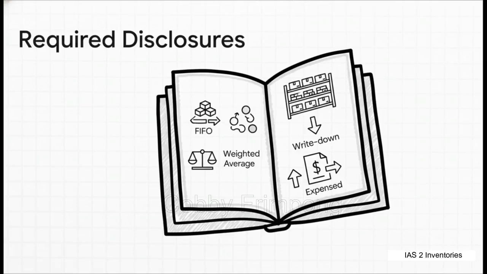IAS 2 says they need to be really open about their accounting policies, like which cost formulas they are using, FIFO or weighted average. They also have to disclose key numbers like the total value of their inventory and, crucially, the amount of any of those write-downs to NRV they have recognized.